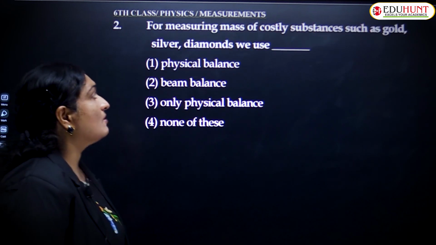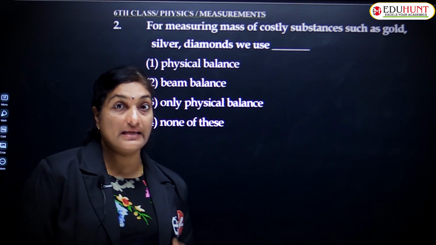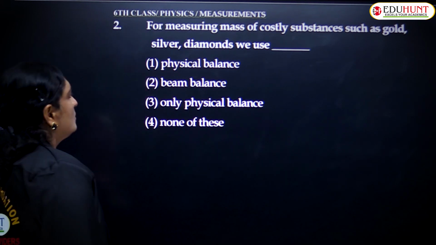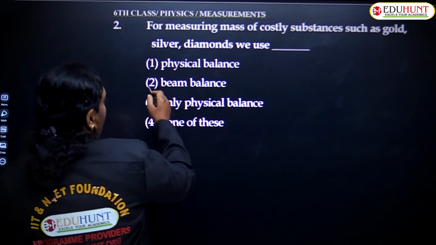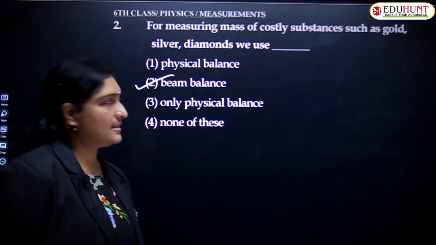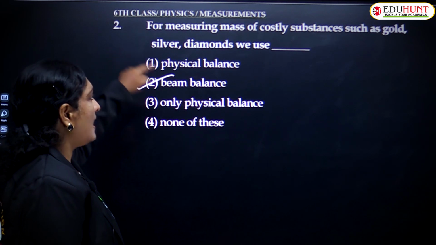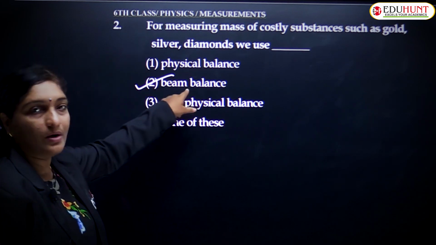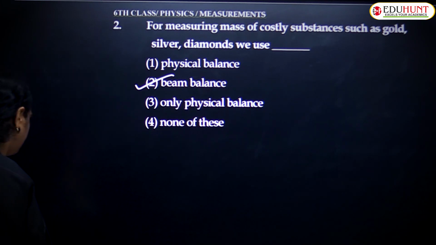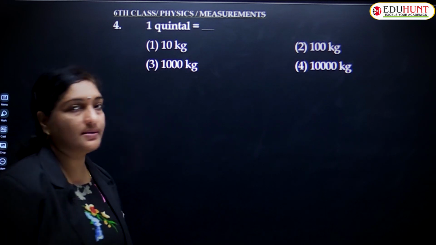For measuring the mass of costly substances like gold, silver, diamonds and all, what instrument are we using? We're using a beam balance. I showed you the picture, that is called a beam balance. Grocery shops will use a physical balance, and gold shops and all will use a beam balance.